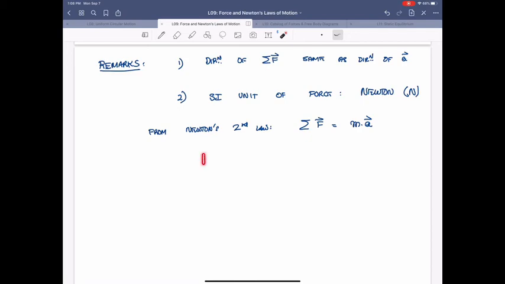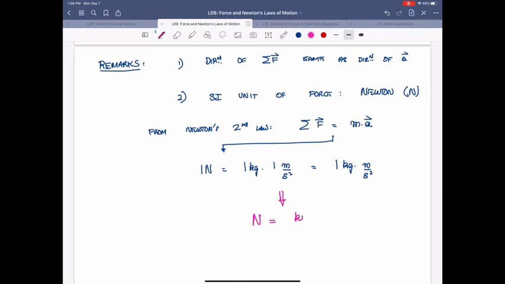What the second law says is 1 Newton is equal to 1 kilogram times 1 meter per second squared, kilogram being the unit of mass and acceleration being measured in meters per second squared. So essentially what we're saying here is Newton is short for kilogram meter per second squared.